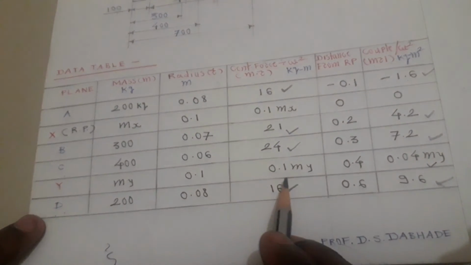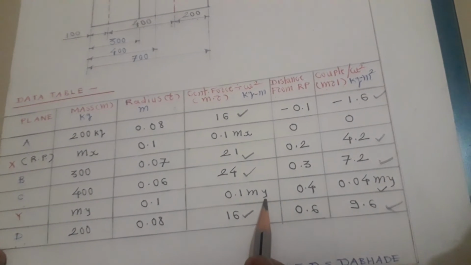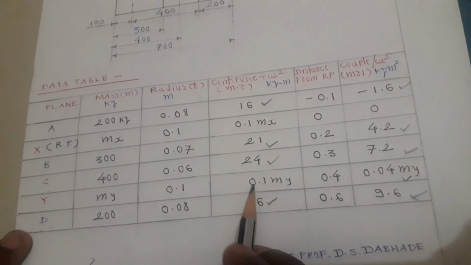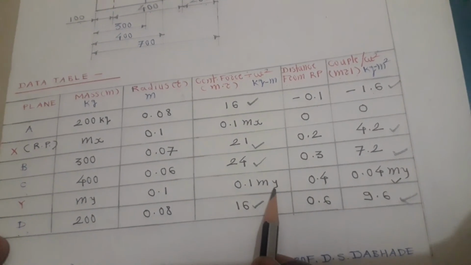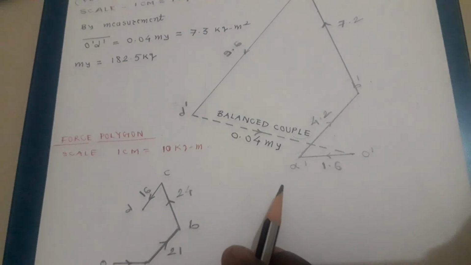Now in the Y plane the magnitude is 0.1 into m into y, and the position is 12 degree.